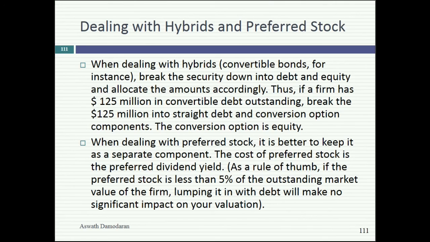It's a hybrid. Another one is preferred stock in the US. Preferred stock in the US is like debt in many ways because the dividend is fixed up front, unlike common stock. But it's not quite debt because it's not tax deductible. Another hybrid security. I absolutely detest preferred stock. It makes my life incredibly difficult.